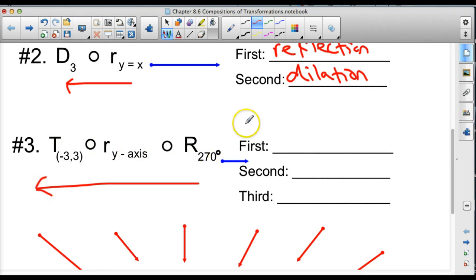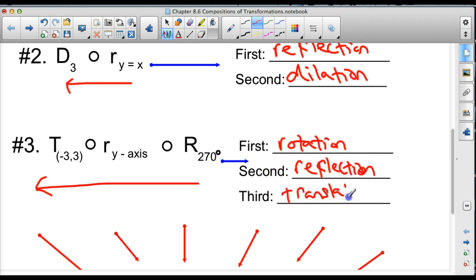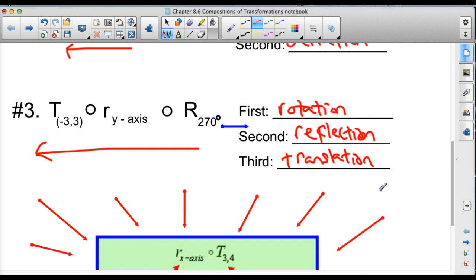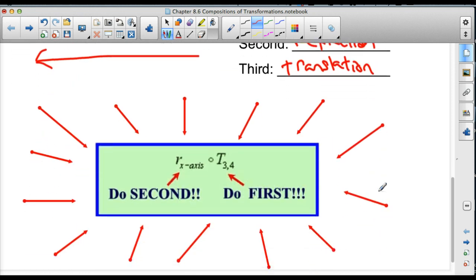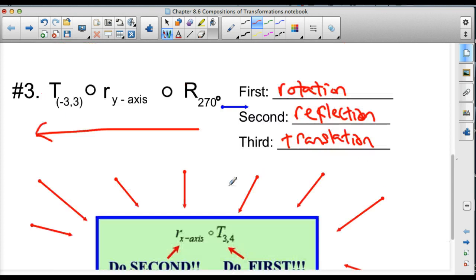So first, we're going to do the rotation. Then we'll do the reflection, and then we'll finish with the translation. If there's anything you take from this first page, it's that you start on the right and work your way back to the left.